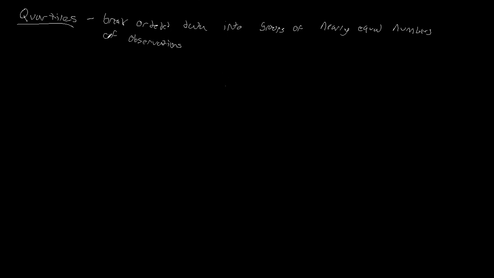As I said before, the median was just the second quartile, and the median is the number in the middle of an ordered data set. So you can think of the median as splitting the data into two separate groups that have roughly equal observations.